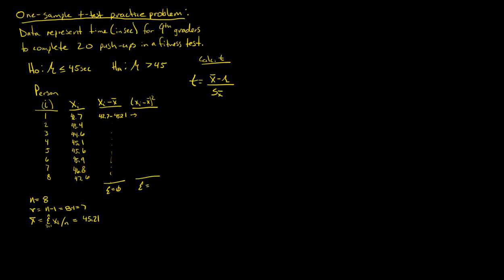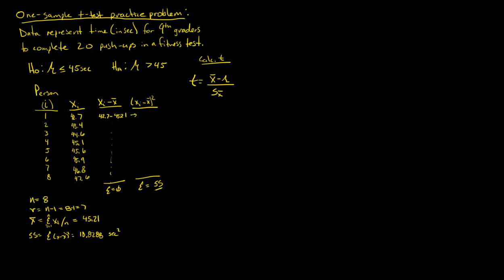We call this the sum of squares, essentially the sum of the x minus x bar squared, which is equal to 18.8288, and this is in seconds squared.